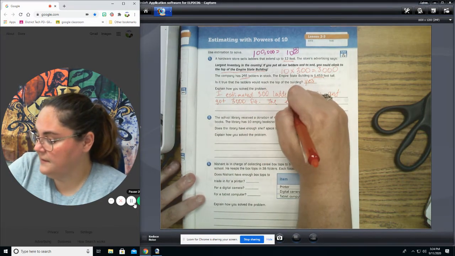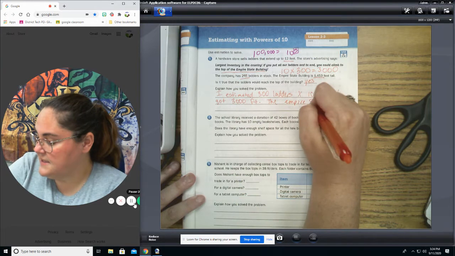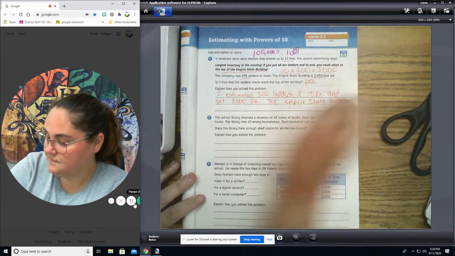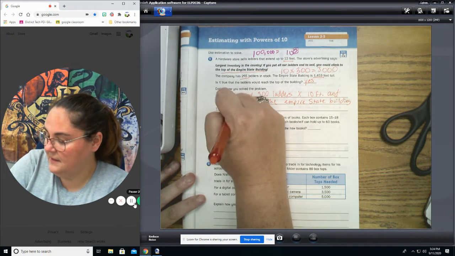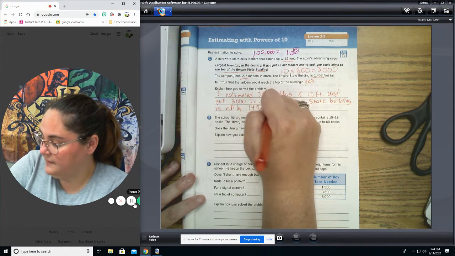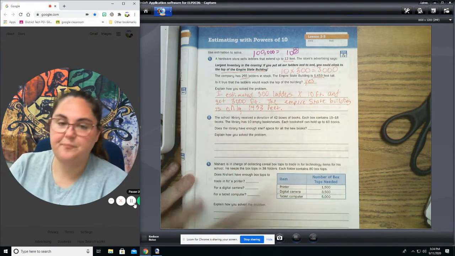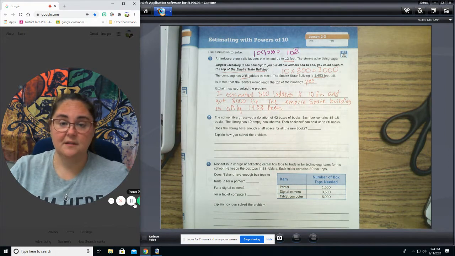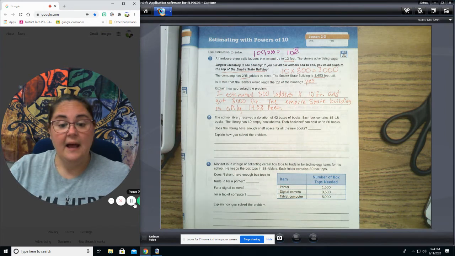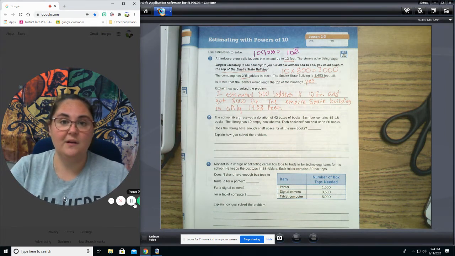The Empire State Building is only 1,453 feet. That's what I would write. I told you my steps. I told you how I estimated, how I did my math, and why it would work. That is how you answer this question. If you need time to write, go ahead and pause.